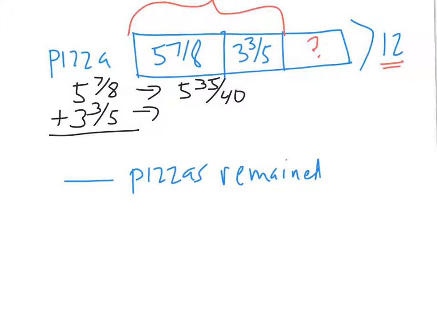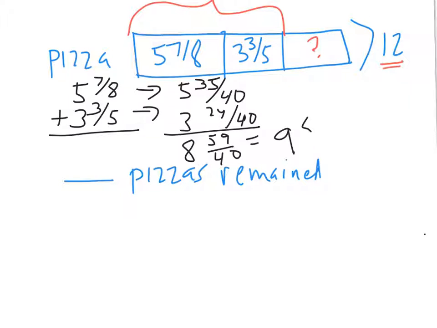Okay, so times 5 and 3 and times 8 and 24/40. So that gives us 8 and 59/40. Okay, and that equals, of course, 9 and 19/40. That wasn't very neat.